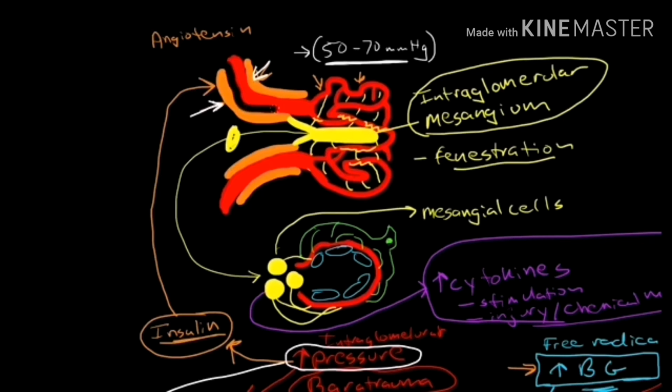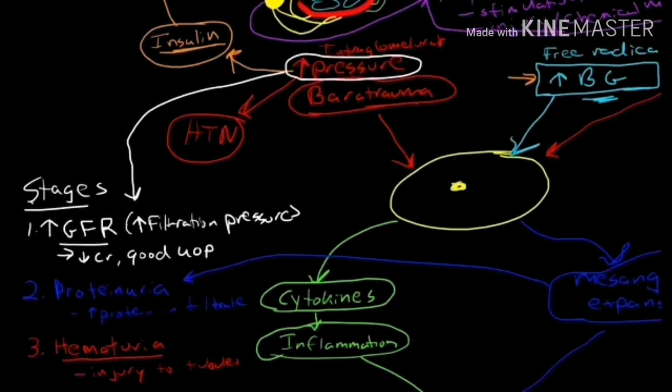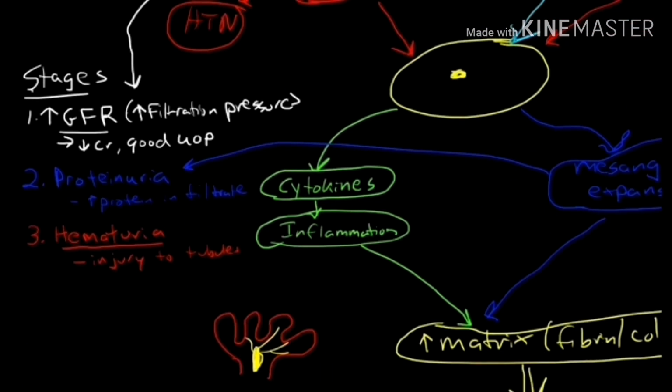And where does the efferent arteriole go? Well, the efferent arteriole is the blood supply for the tubules. Okay, so the hematuria is a sign that the tubules are becoming ischemic. So this is the disease beginning to become more advanced.